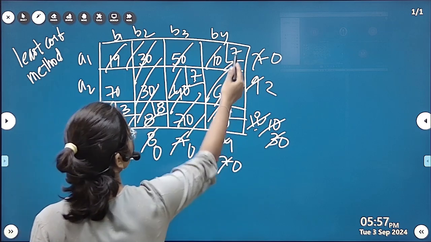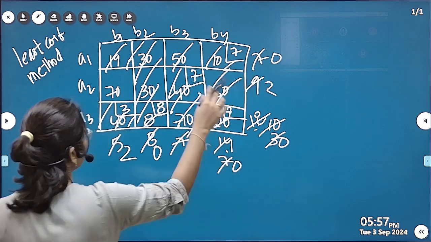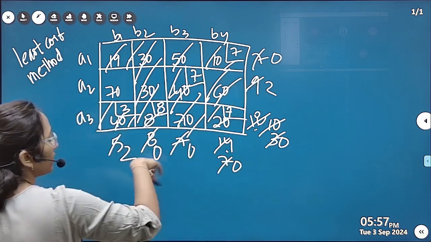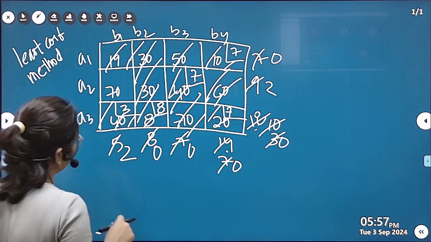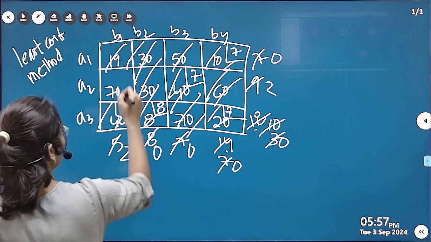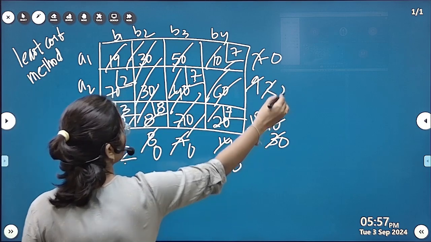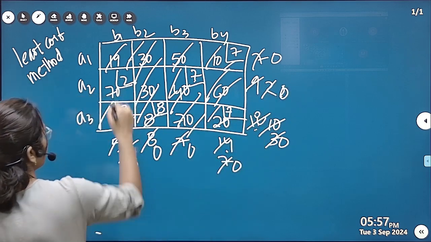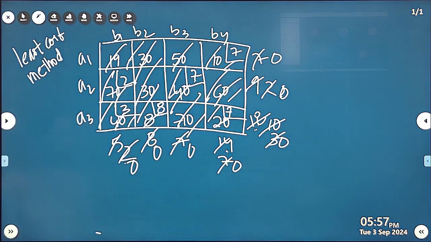So here also 7 plus 7, 14 we need to get. Here 7. So everything like this, row wise and column wise, this amount should be met. Okay, so next one 70. So here we have 2 units. So here also we have 2 units. So this will be 0, this will be 0. So cancel it. Clear? Now? Yes, ma'am. Everyone?